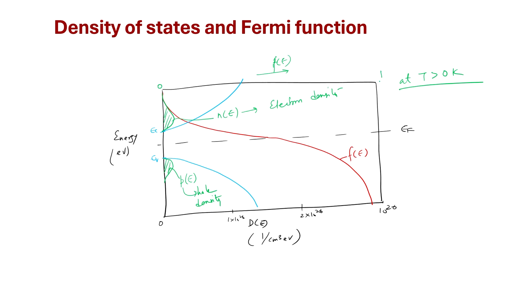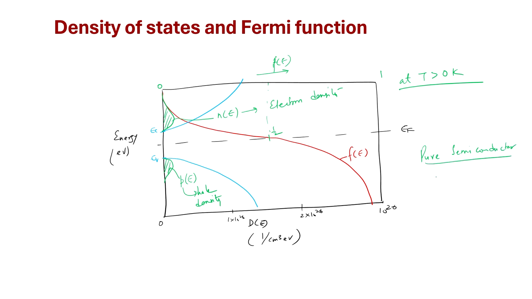So, this will be 0, this will be 1, and this will be half along this axis. So, basically what this tells you is that at a finite temperature, it is the spread of the Fermi-Dirac function which gives you finite carrier density in both conduction and valence bands, even for a pure semiconductor.